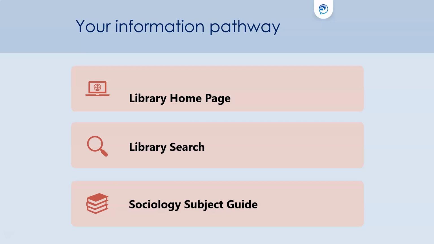Before we start looking at the different options, I just want to think about the information path. All the information the library buys in is cited on the library homepage, which itself is available through My Hallam. There's another video which will take you through the range of resources available here. Once you've gone to the library homepage, the next destination is Library Search. This is like a one-stop search option which contains all the resources, or most of the resources, that we buy in for you to use for your assignments.